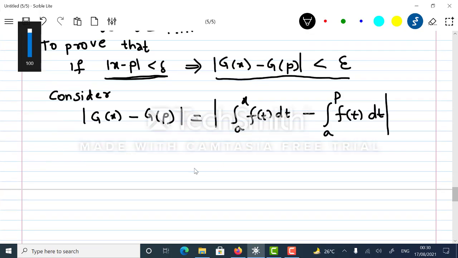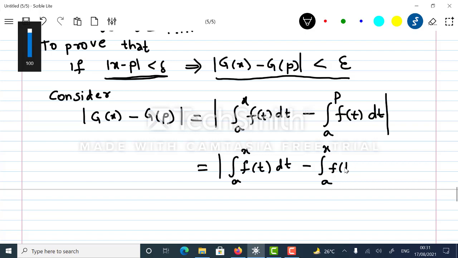So what I'll do is, this is equivalent to saying that integral a to x f of t dt minus integral a to x f of t dt. I could say this is plus, I'm adding x into it because between a to p there is x. This bracket is complete and the mod is also complete.